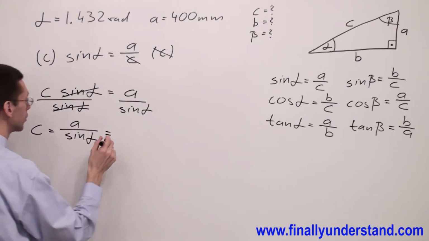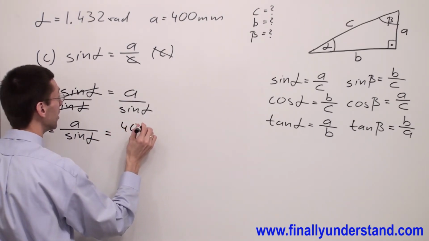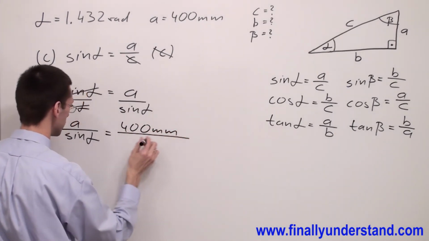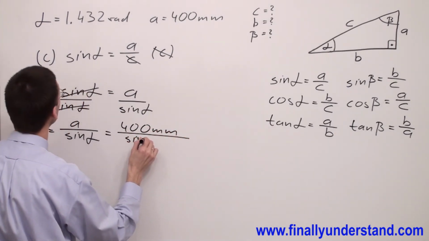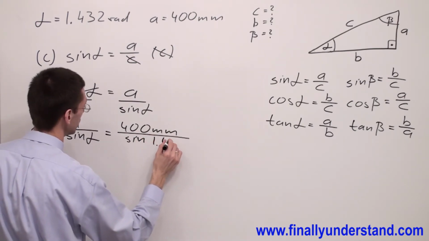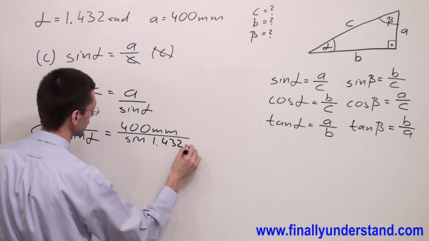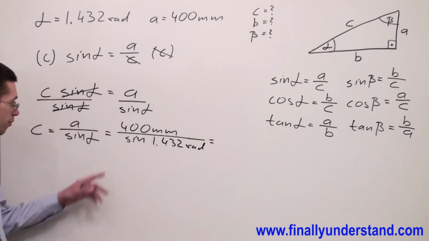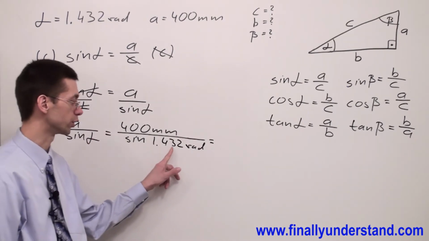where A is equal 400 millimeters over sine of 1.432 radians. Before you are going to perform the division, make sure that your calculator is switched to radians.